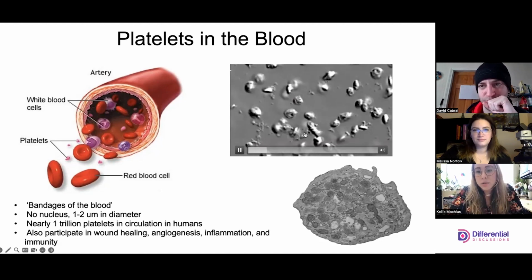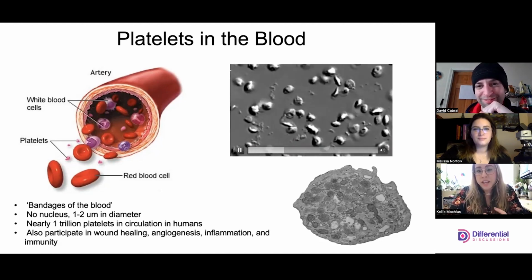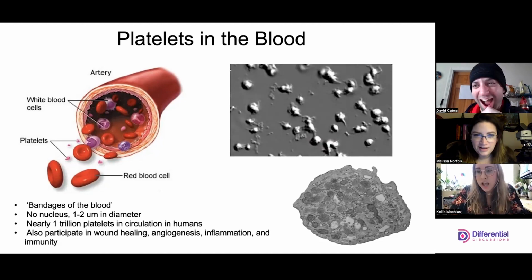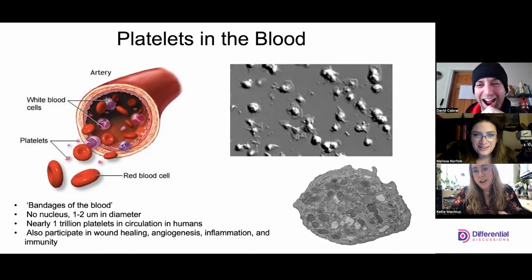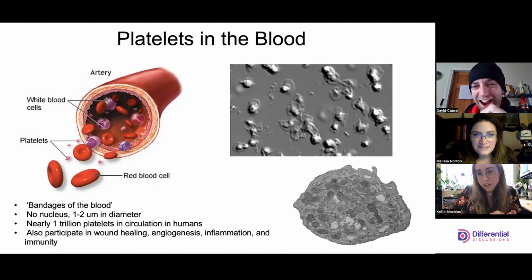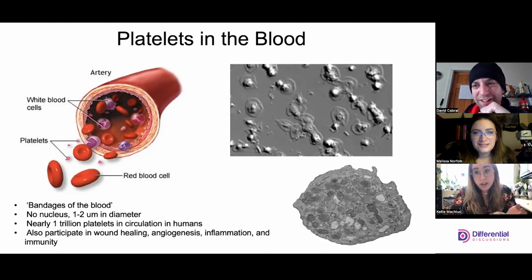You can see this movie of platelets activating. When they activate, they stick to the wound and they clump together, and they physically plug that wound. So not having platelets is incompatible with life because you would hemorrhage and die.